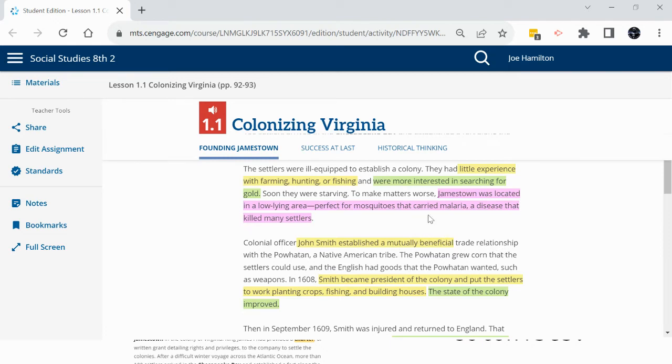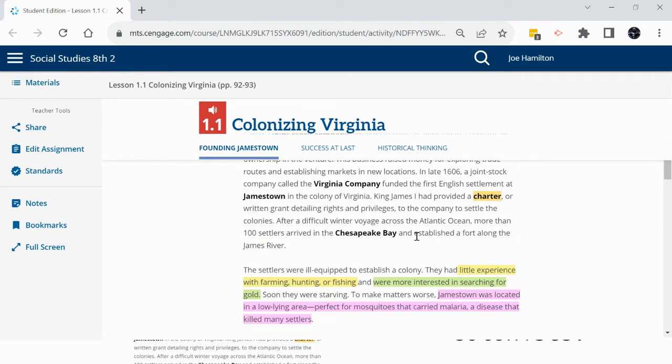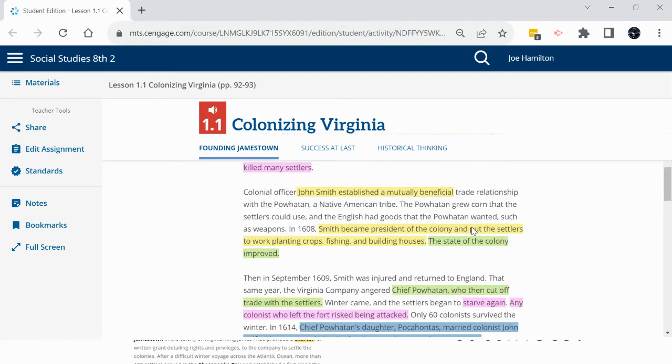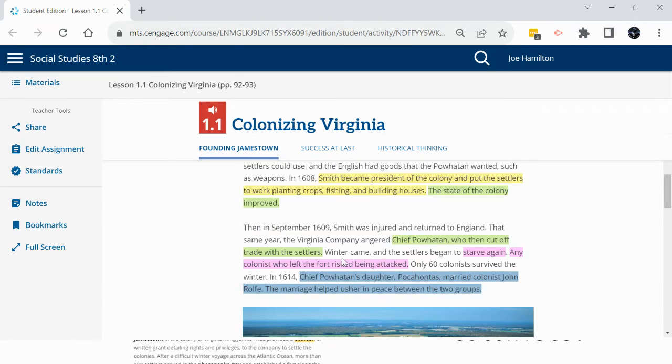And what you really want to do is go through here and find out, well, what caused starvation for the colonists and what were the results of starvation? What caused some of the battles and the unrest with the Native Americans right here in the third paragraph? And what were the results?